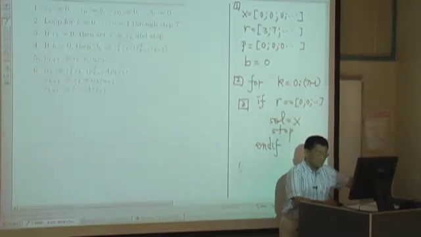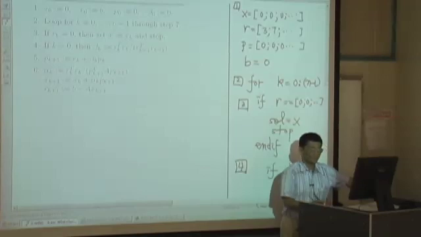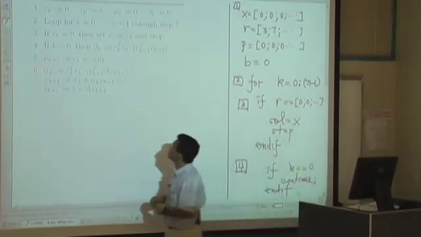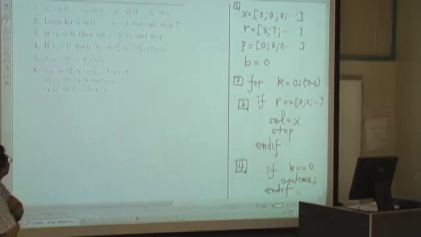Then fourth line, if k is equal to 0, then continue. Continue is not a good idea, right? So if we hit 0, then we don't have to, oh, sorry.